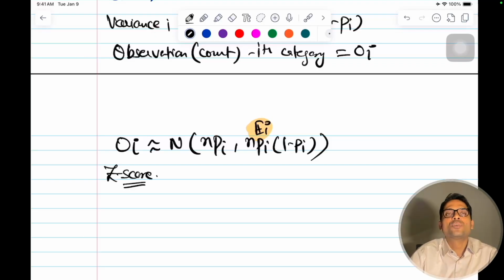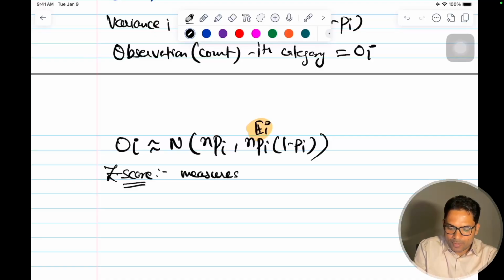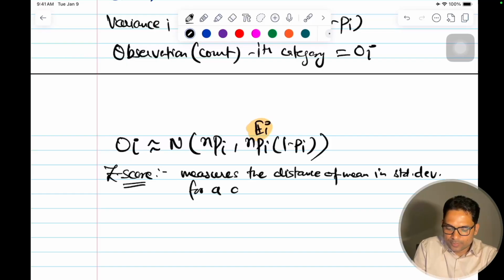What does the z-score measure? It measures how many standard deviations a data point is away from the mean, the distance from the mean in terms of standard deviation.